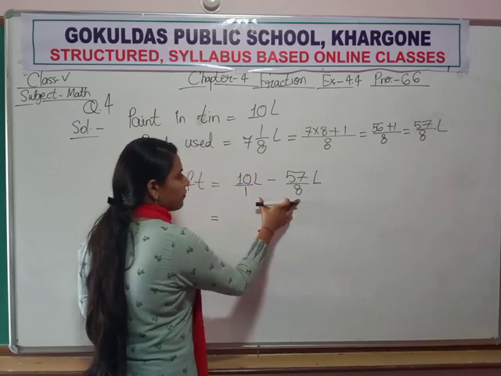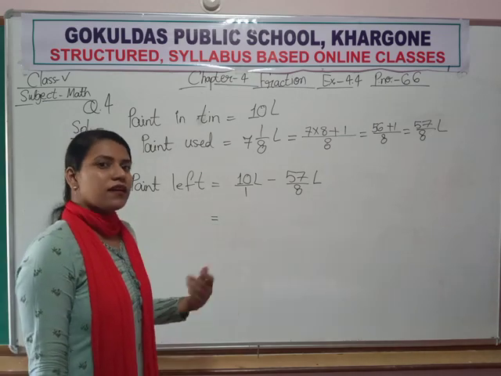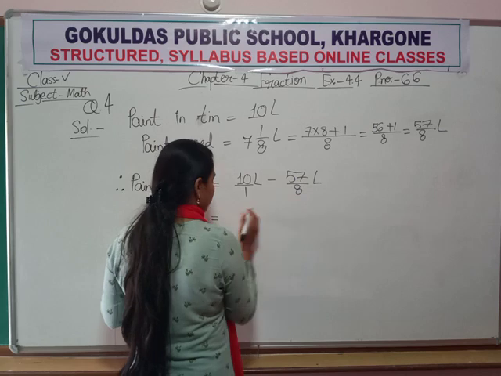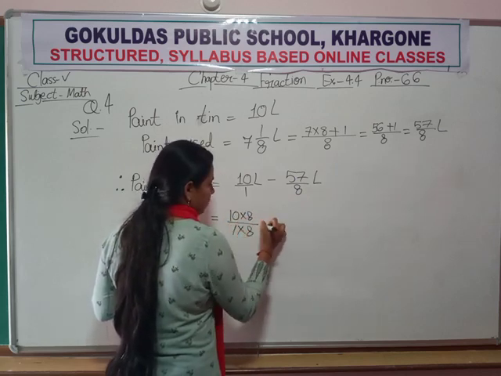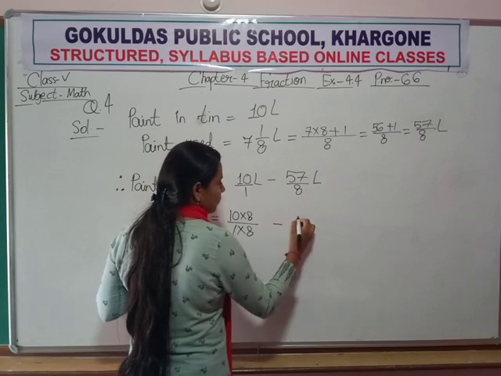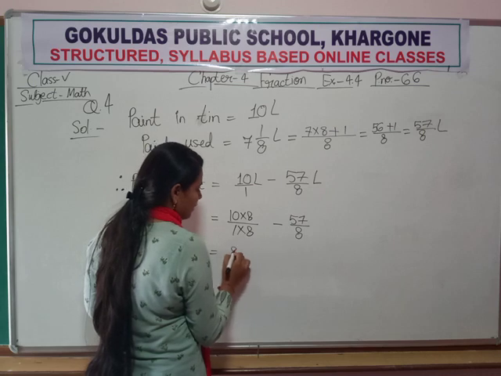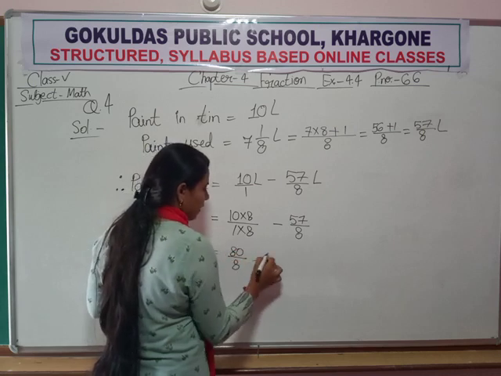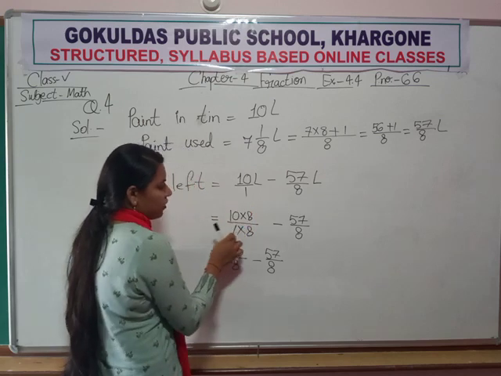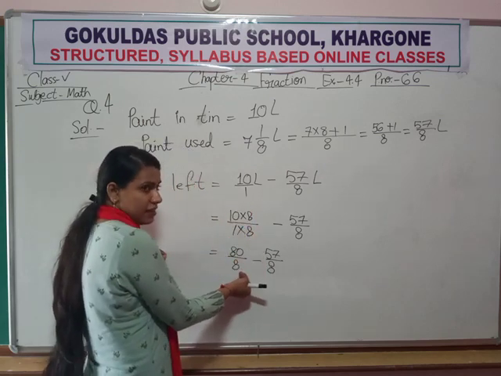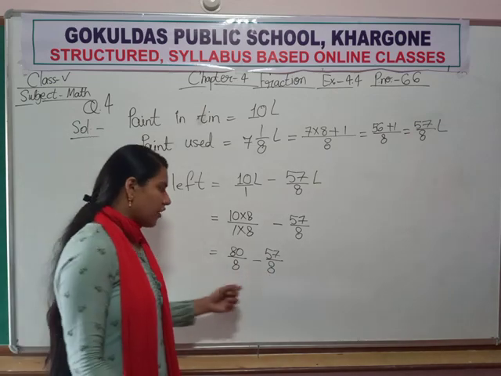Now both the fractions are unlike fractions, because their denominators are different. So let us make them equal. 10 into 8 upon 1 into 8 minus 57/8. 10 into 8 is 80/8 minus 57/8. Now when I multiply 8 with this one, my denominator is 8. Now both the fractions have denominator 8. They are like fractions now.